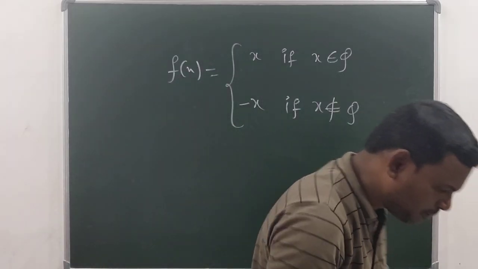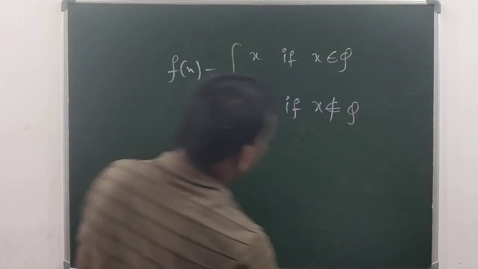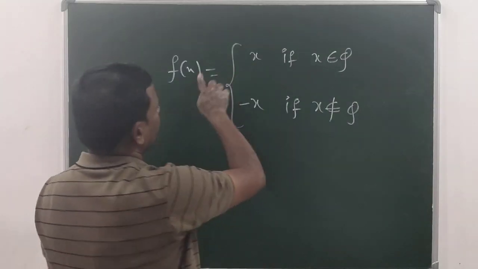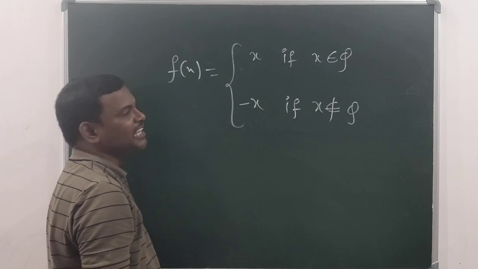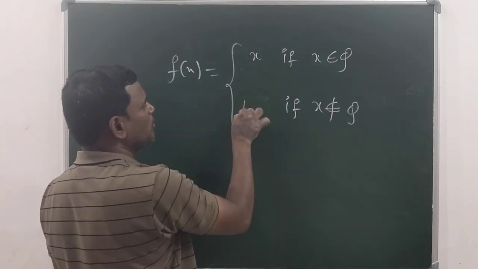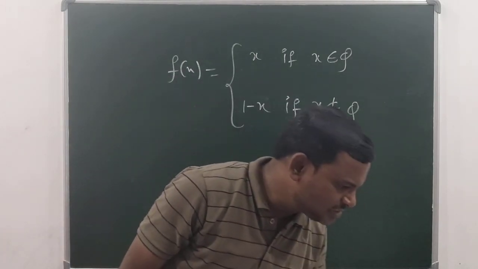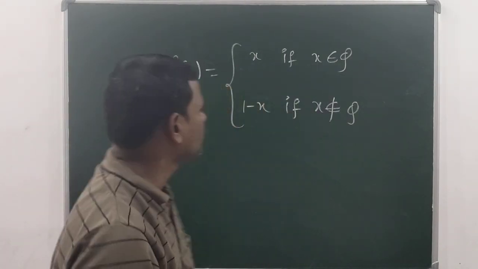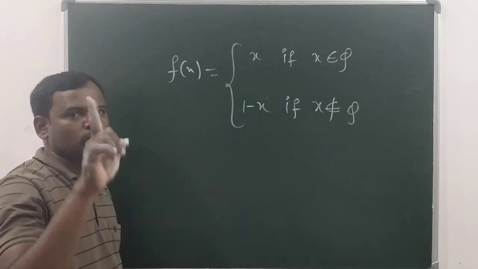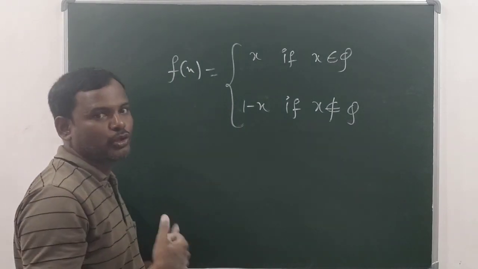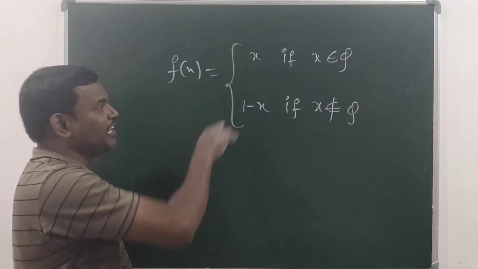Shall I give one more example? Now, see here. f(x) equals x if x is a rational number, f(x) equals 1 minus x if x is not rational. This is also continuous at only one point. How do you identify the point where it is continuous?